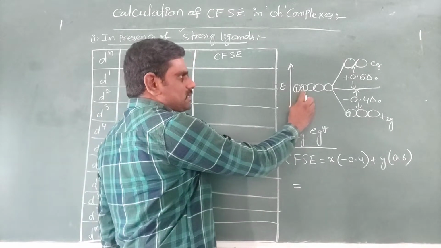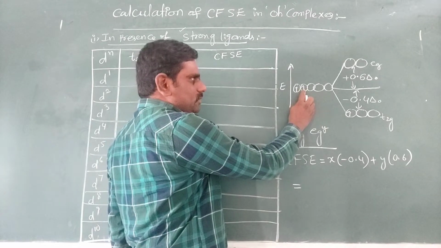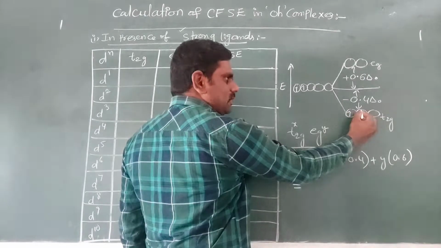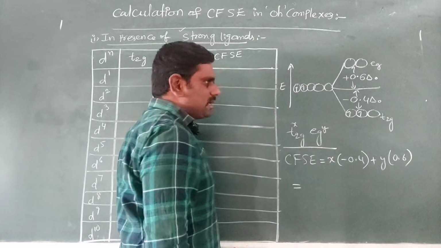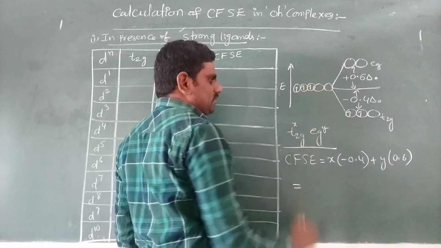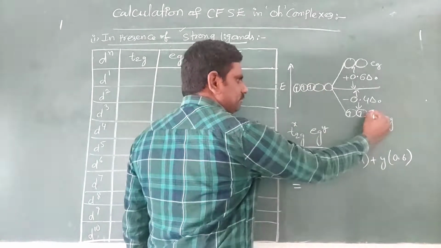So that's why I write the unpaired electron here. It also goes to a lower energy orbital. It does not pair up now. It occupies the next orbital. Next one, D3 configuration. It goes here.